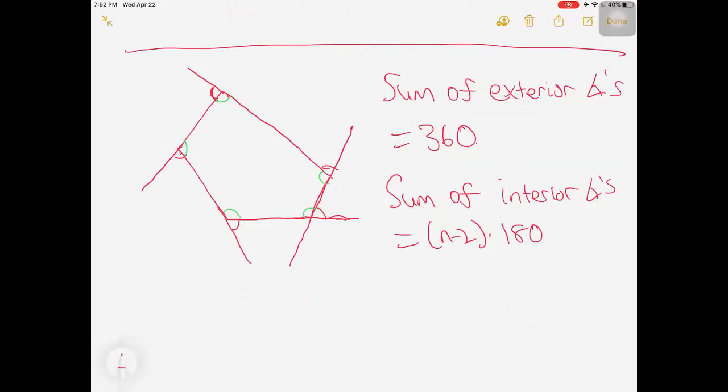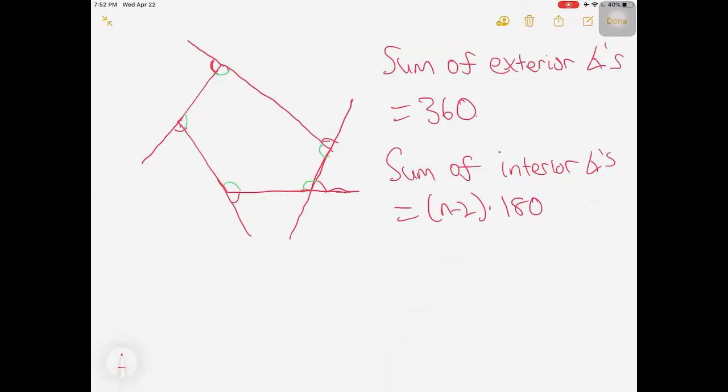So we have a total of 5. We can see that there's 5 of these angles that match up to 180. But for a general polygon, it'll be n. So n times 180 is equal to the sum of interior plus the sum of exterior.